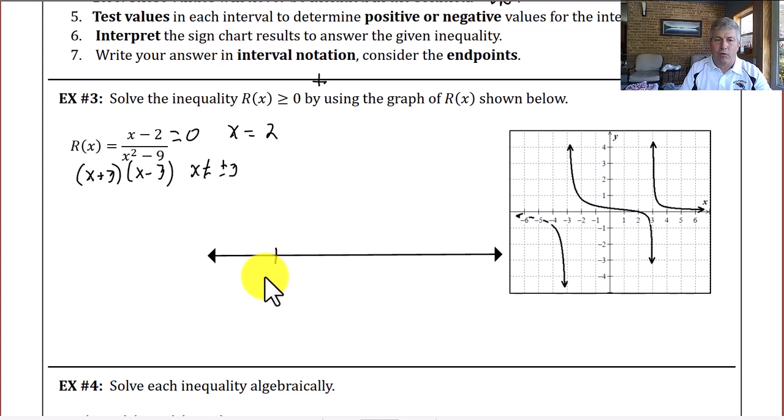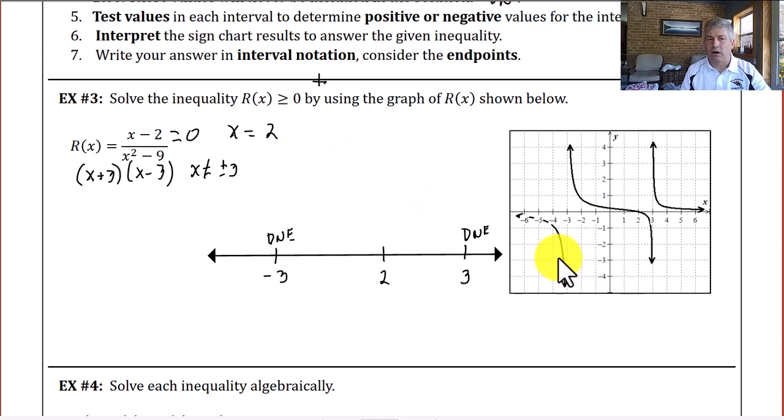So we have critical values at negative 3, 2, and positive 3. And the positive 3 and negative 3, those will not be included in the solution because that's where our graph does not exist. And so now we'll just go ahead and do our testing process.